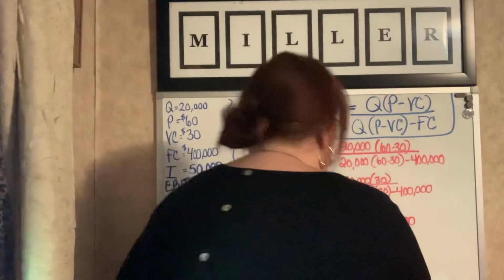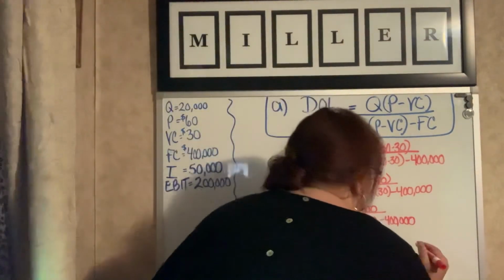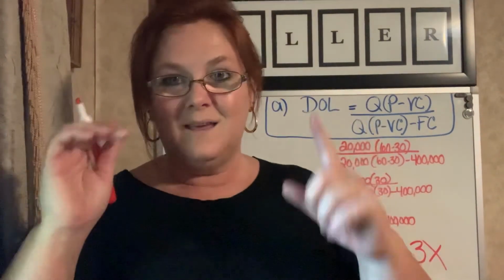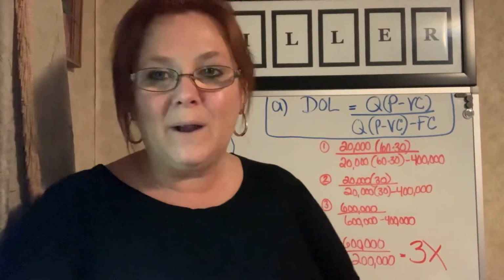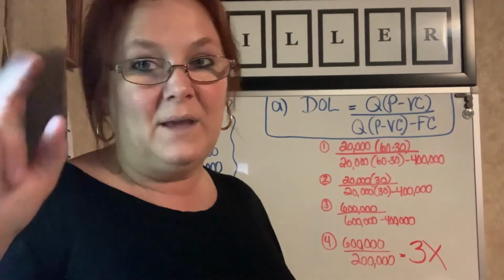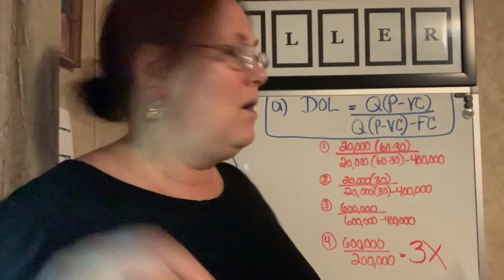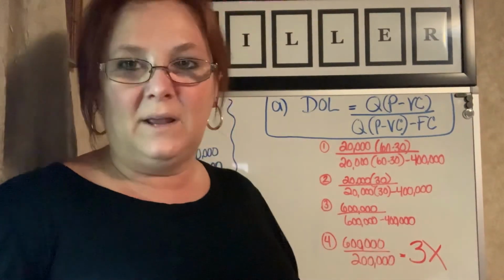You'll know that if you take 600,000 and divide it by 200,000, it's going to give you 3 times, which is the answer to A, your degree of operating leverage. On to B. Questions, let me know. I'll be on tonight at 8 o'clock. So check it out, walk through the various steps, and your answer is 3 in this case.